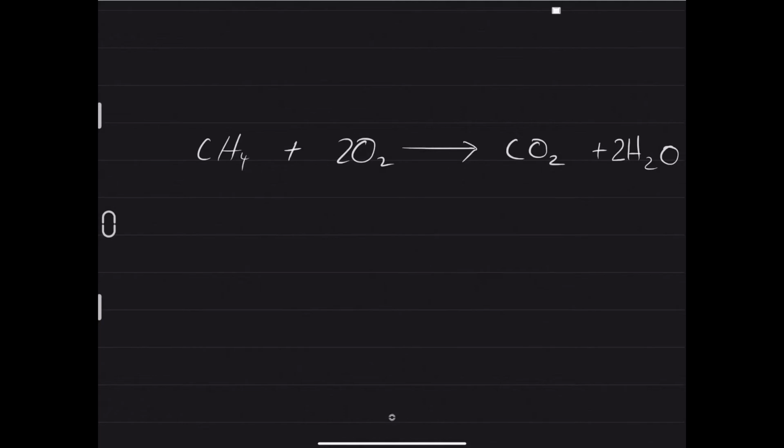So the conservation of matter states that whatever you have on the reactant side must be equal in the product side, when we're dealing with the number of atoms on the reactant side and the product side.